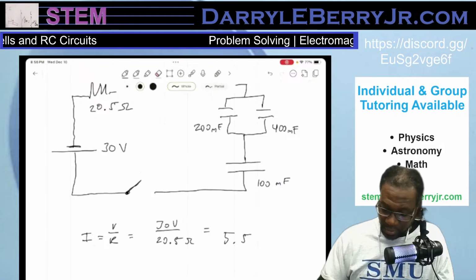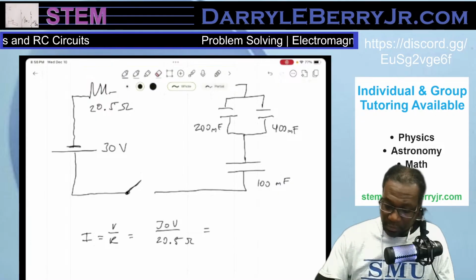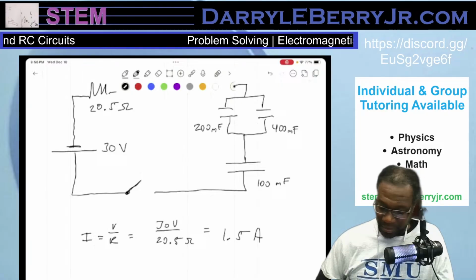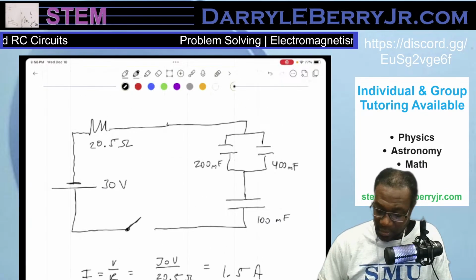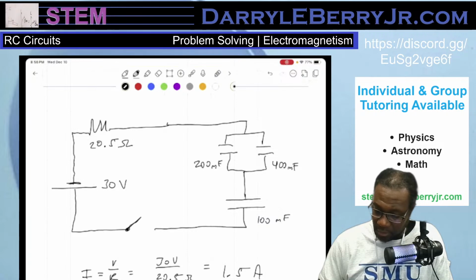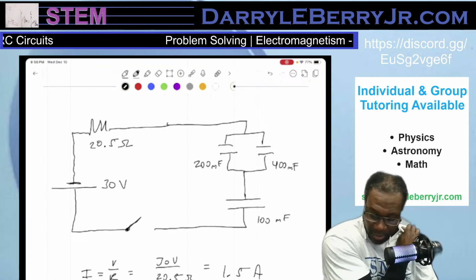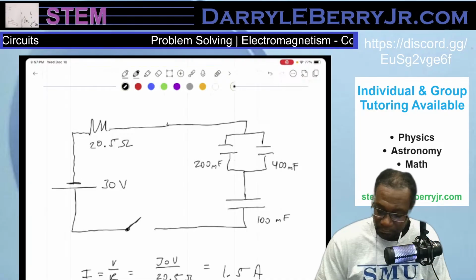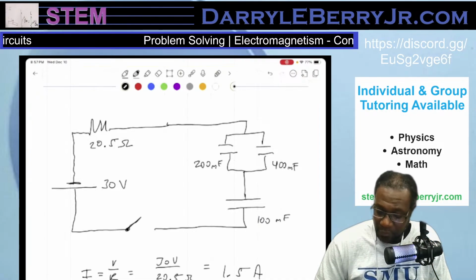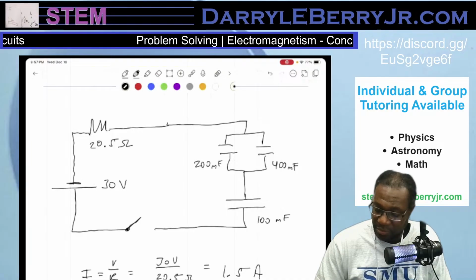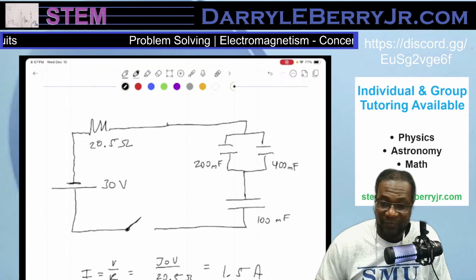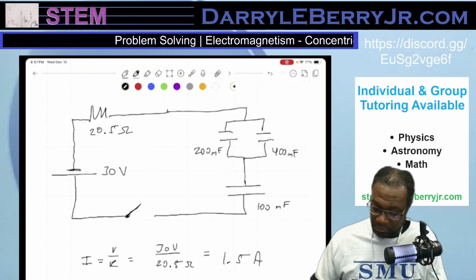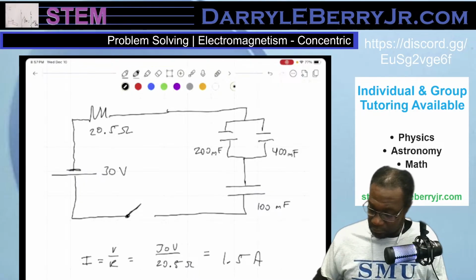I mean, it seems better. I'll just put 1.5 amps. All right. So that means this entire circuit, we reduce to its equivalent resistance. When I initially closed the switch, there's 1.5 amps going through the circuit. Right? Easy enough.